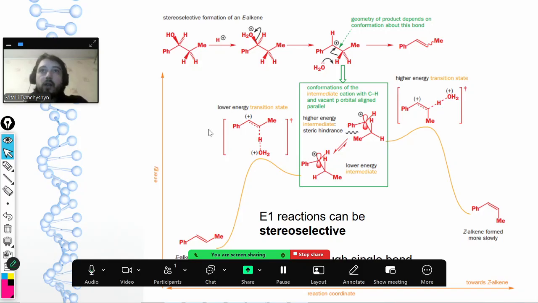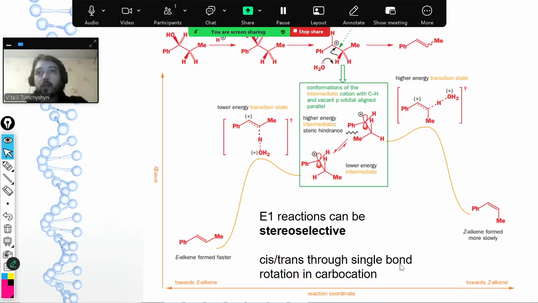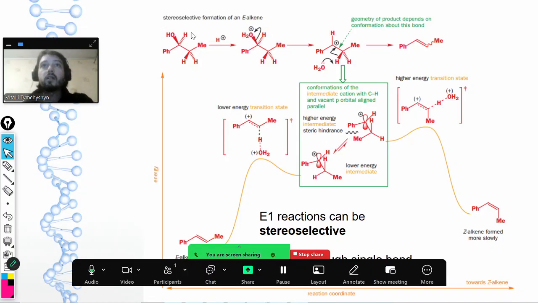Pretty interesting that we may have different energies of the products, and what's more interesting, this is the first case when we meet the so-called kinetic product and thermodynamic product. So in some cases, depending on the situation, we can get one or the other.